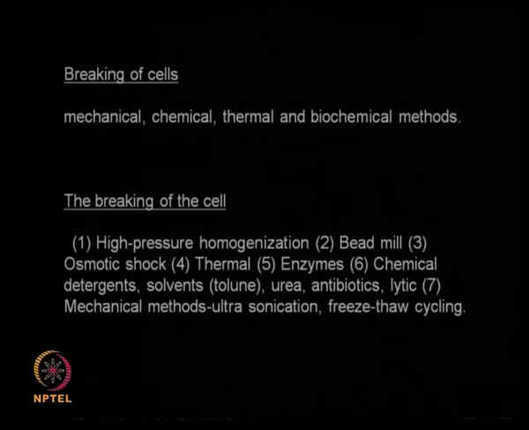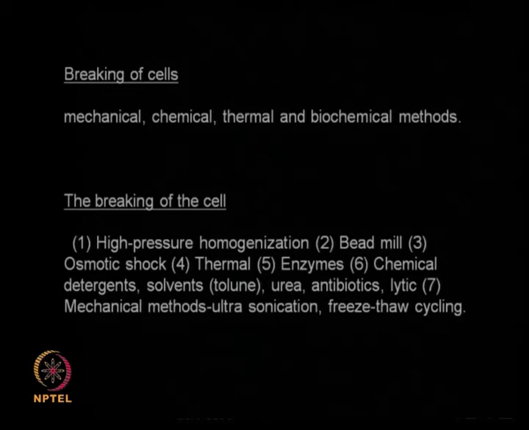starting from bacteria, the gram positive, gram negative, going down to yeast, going down to molds, going down to animal cells, and finally to the plant cells. They are very tough business, the plant cells. So there are different ways of breaking the cells. You can resort to mechanical methods, you can resort to chemical methods, you can resort to thermal methods, you can resort to biochemical methods.